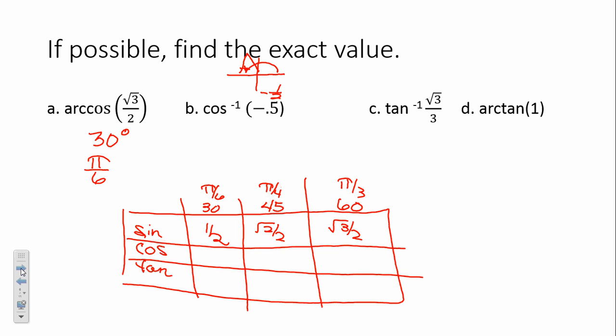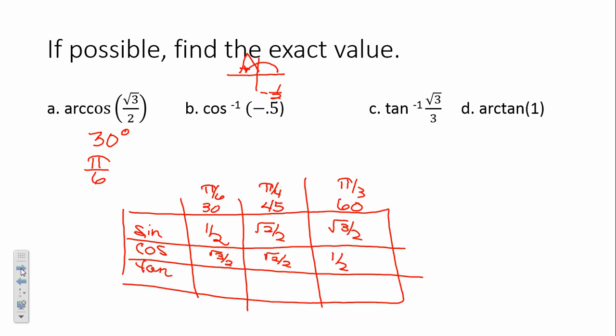Remember, square root of 1 over 2, square root of 2 over 2, square root of 3 over 2. If we put our 90 in here, that's our square root of 4 over 2, and 0 is a square root of 0 over 2. That table we filled out last week. These are just reversed. Cosine is going to be square root of 3 over 2 at 30, the same at 45, and 1/2 at 60.